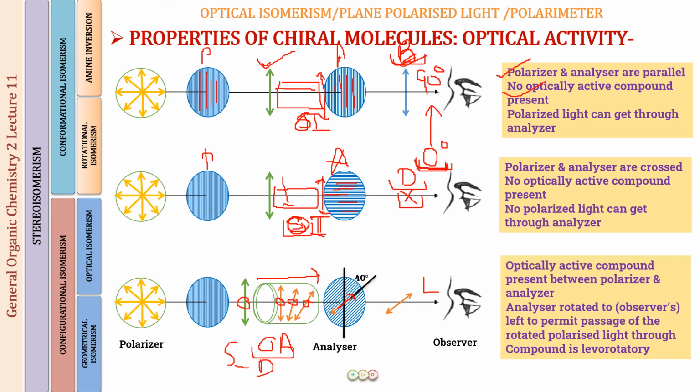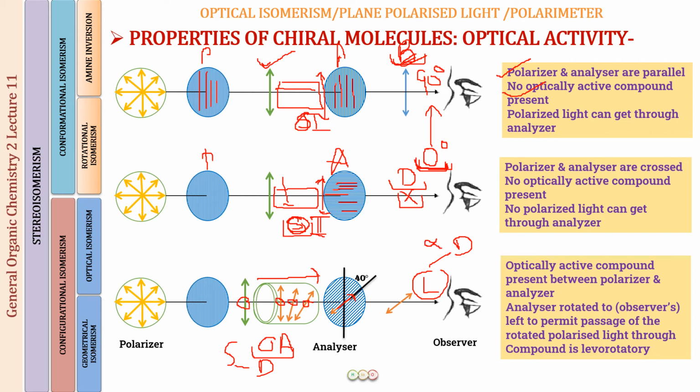And then you have to measure how much that optical activity is. So you will again rotate the eyepiece so that from this lightness you again get darkness, and the rotation that you measure is the observed angle of rotation.